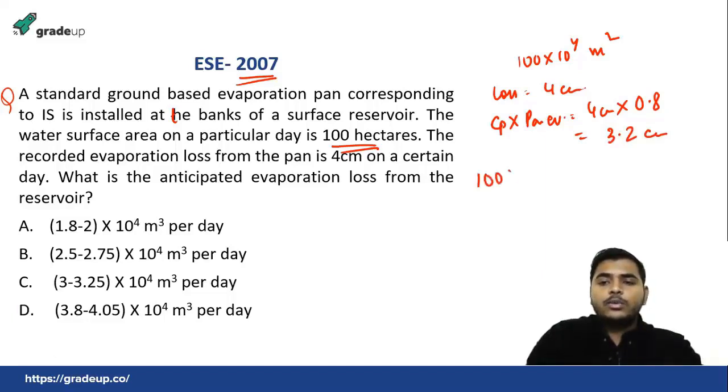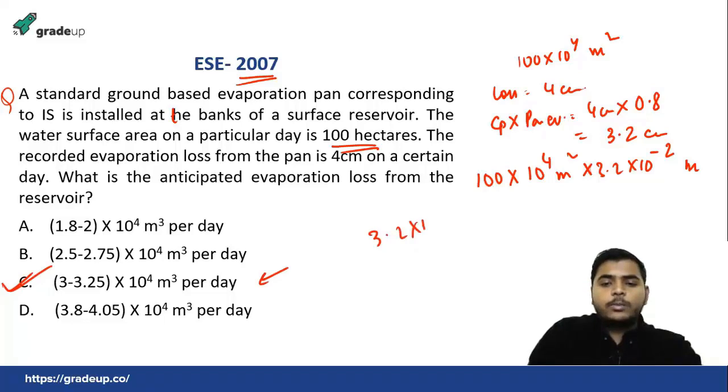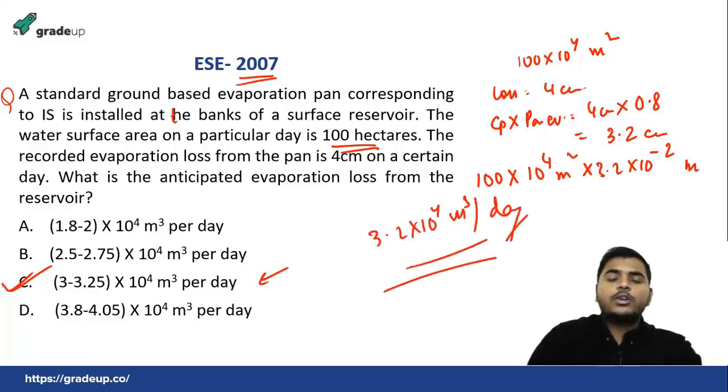So 100 into 10 to the power 4 meter square into 3.2 into 10 to the power minus 2. Finally in meter cube, you will get 3.2 into 10 to the power 4 meter cube, which lies in option C. So 3.2 into 10 to the power 4 meter cube per day is the correct answer for the total volume loss that is occurring.